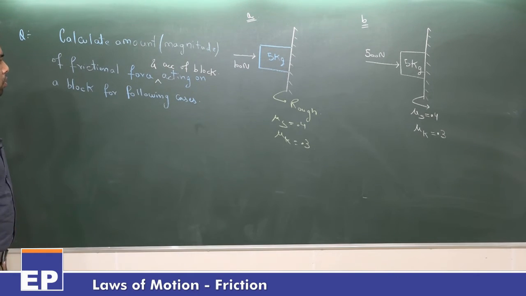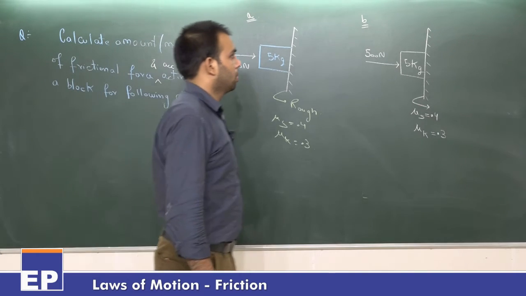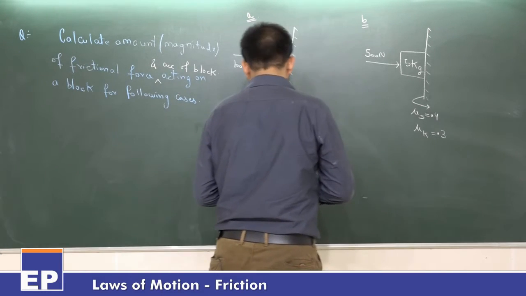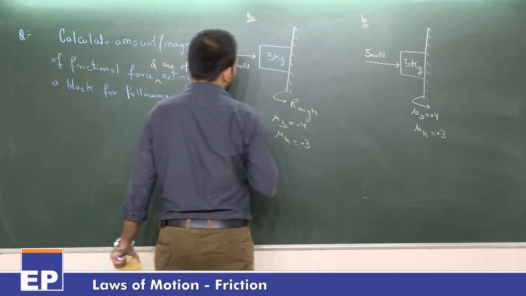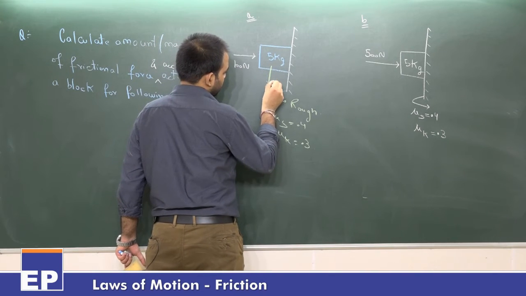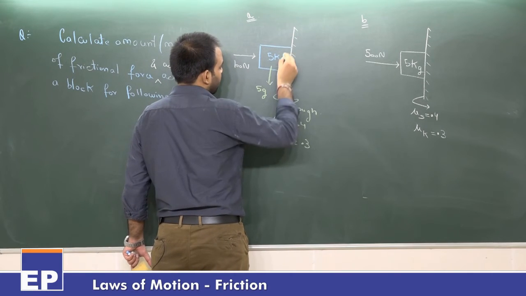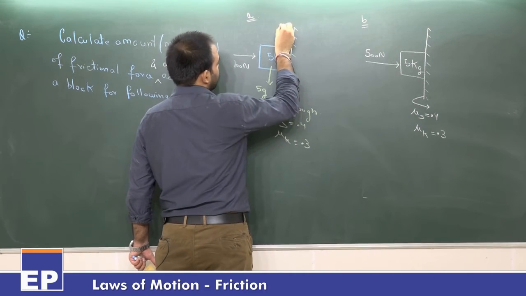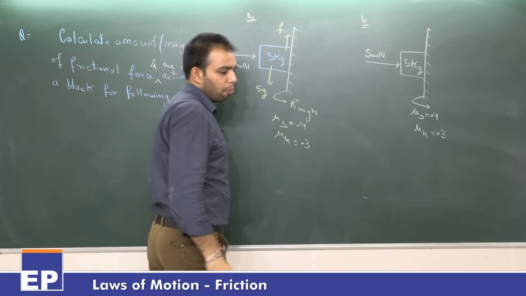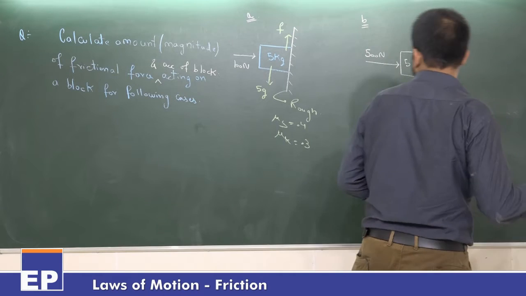Now, in this case, if you check carefully, what will happen? First of all, which direction will friction act? 5G is acting downward, so it has a tendency to move in downward direction, so friction will act in upward direction.